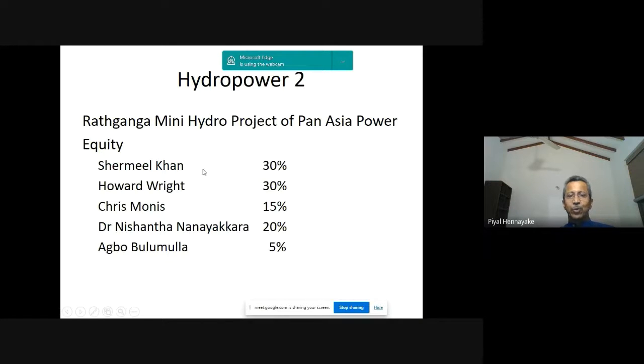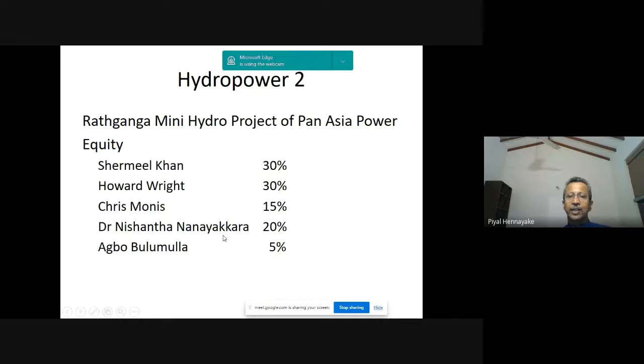Hydropower 2: the Satganga mini hydropower project of Pan Asia Power. This is the project Akbar Bulumulla was involved in. You can see the three he brought when he was in the UK. He got these three Britishers to come and invest in Sri Lanka.